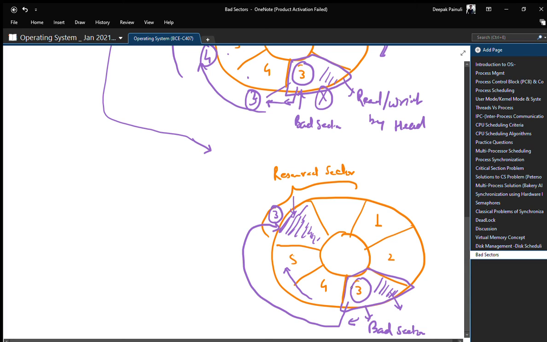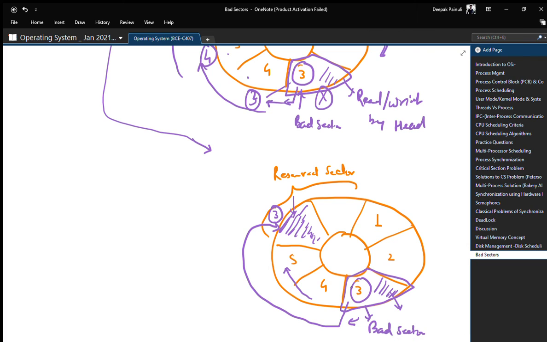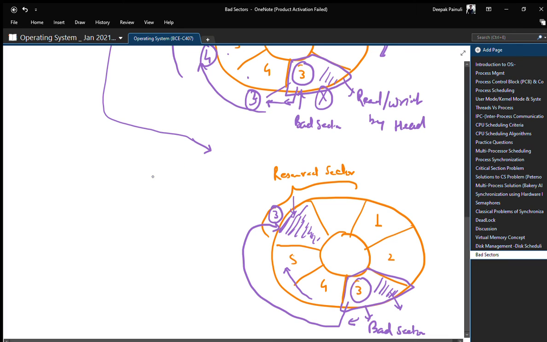So what the manufacturer will do, they will define their bad sectors in the bad sector list. Let us say initially we have sector numbers 5, 3 and 4 in the bad sector list. This will be stored in disk ROM, right?